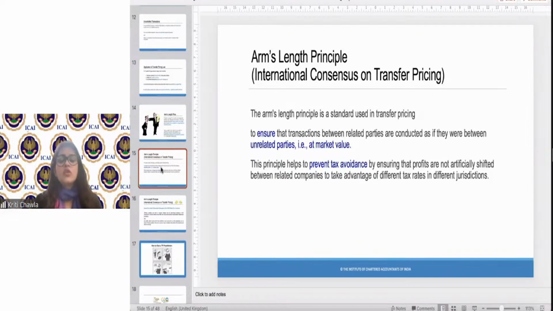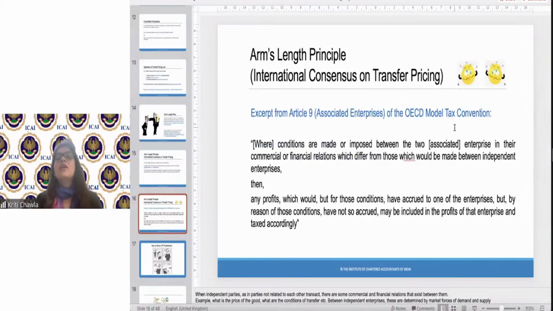So the point is, where exactly is the arm's length principle coming from? Well, it is coming from something called Article 9 of the OECD Model Tax Convention. Where is the arm's length principle provided? It's provided in Article 9 of the OECD Model Tax Convention.